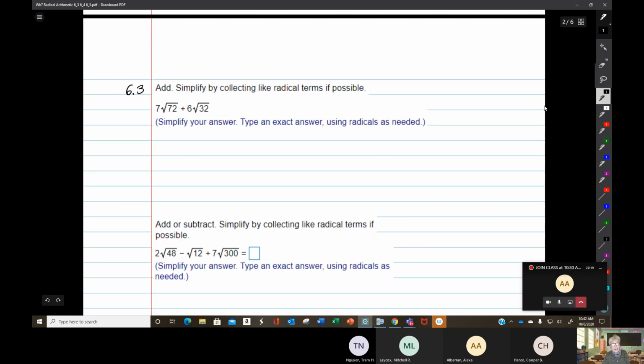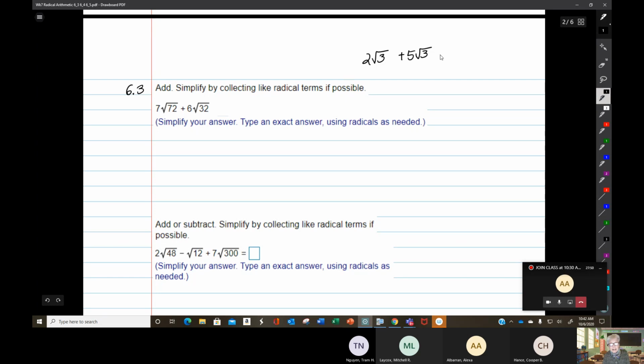But adding and subtracting is not that easy. On the surface, there is nothing you can do with this, because the only time you can add square roots or any kind of root is if you have something like this: the square root of 3, maybe 2 times the square root of 3, plus 5 times the square root of 3.